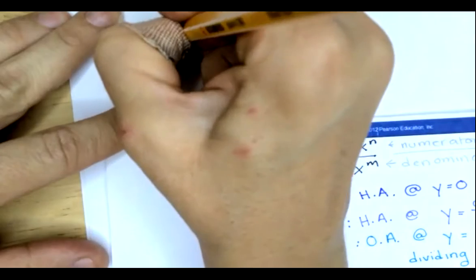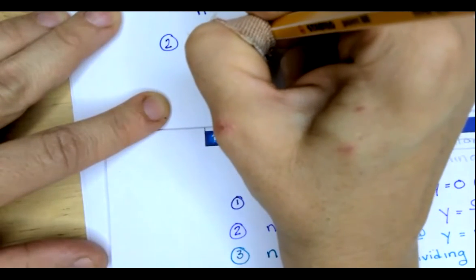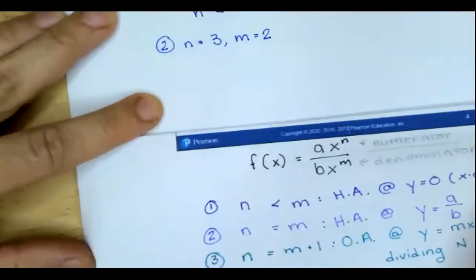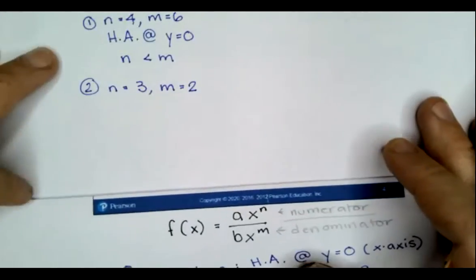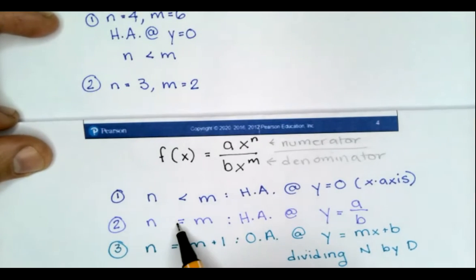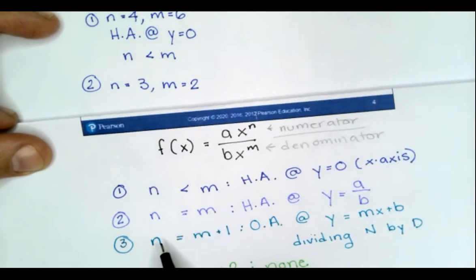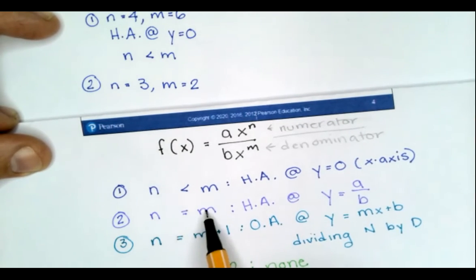Second one, n is 3, m is 2. Is n less than m? No. Is n equal to m? No. Is 3 equal to 2 plus 1?